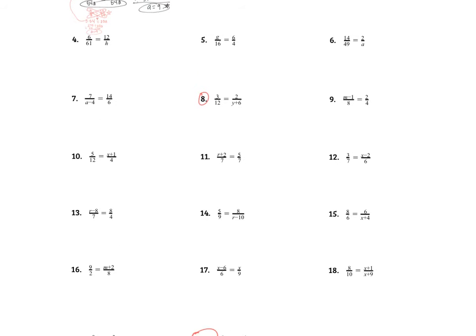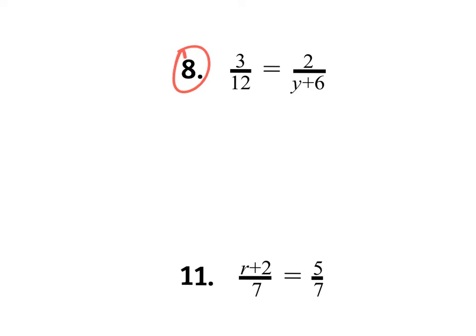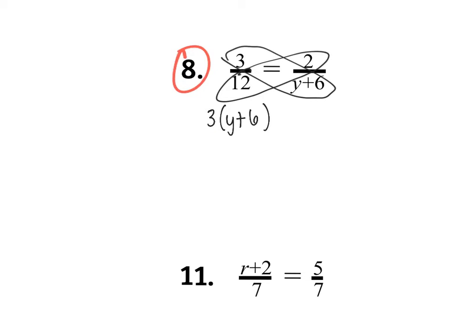All right, so looking up at number 8, we're just going to cross multiply. I'm not going to go through the long way every time now that you guys can see why it works. When I cross multiply, I'm going to circle the things that are across from each other and make an X. That's really what I'm doing. And then I'm going to write my equation. So I would have 3 times y plus 6, and this is where you have to be careful. Y plus 6 is its own thing.